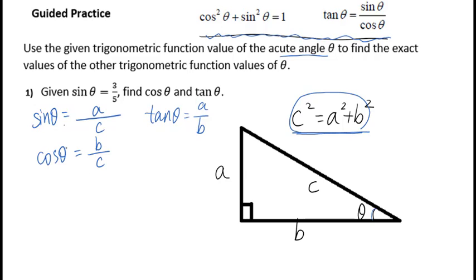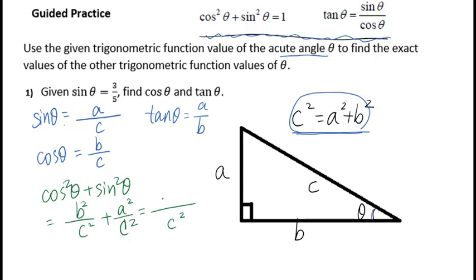For cosine squared theta plus sine squared theta, that equals B squared over C squared plus A squared over C squared. So we get C squared as a denominator, B squared plus A squared.